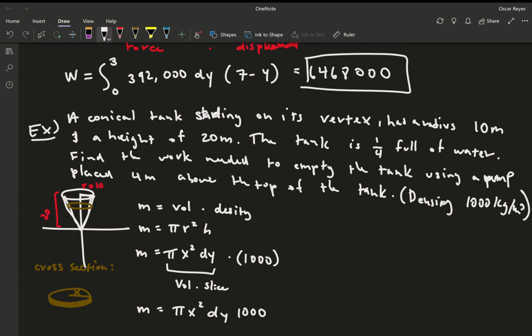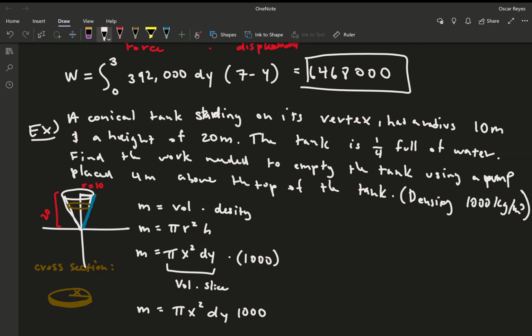But the issue that we're having so far is that we have a dy with an x in there. We need to find a way to manipulate that x and turn it into a y. And what's actually causing that radius to increase and decrease is this side here. So if we can somehow find an equation of that line, we could substitute that for x.